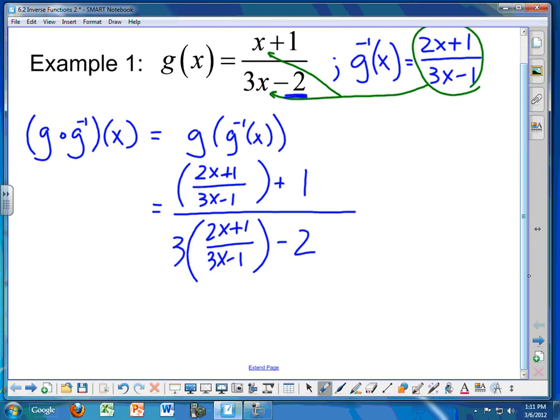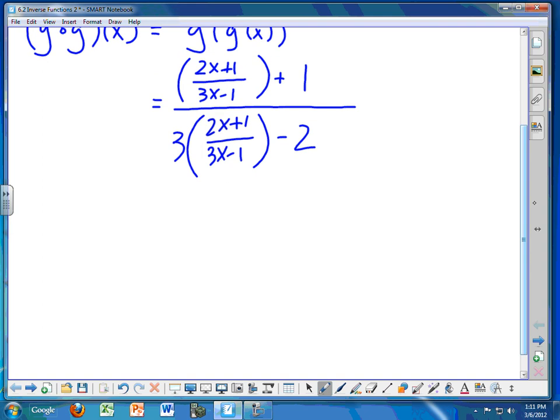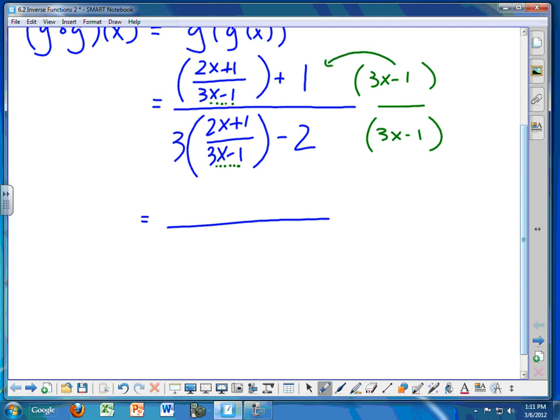Moving down to the next step, we would like to get rid of that 3x minus 1 in the denominator. And I see there's 1 here, and there's also 1 over here. So if we multiply this fraction by 3x minus 1 over 3x minus 1 and distribute carefully, we should be able to knock out all of those denominators at once.